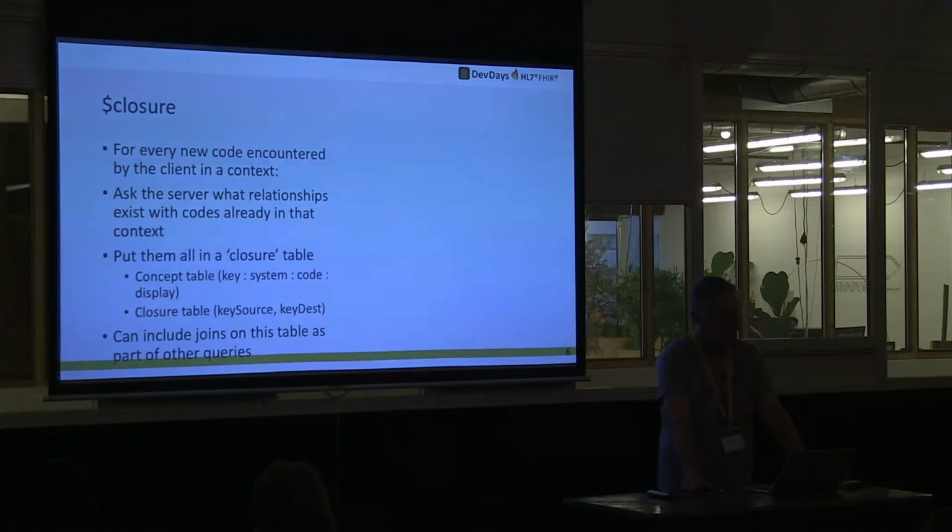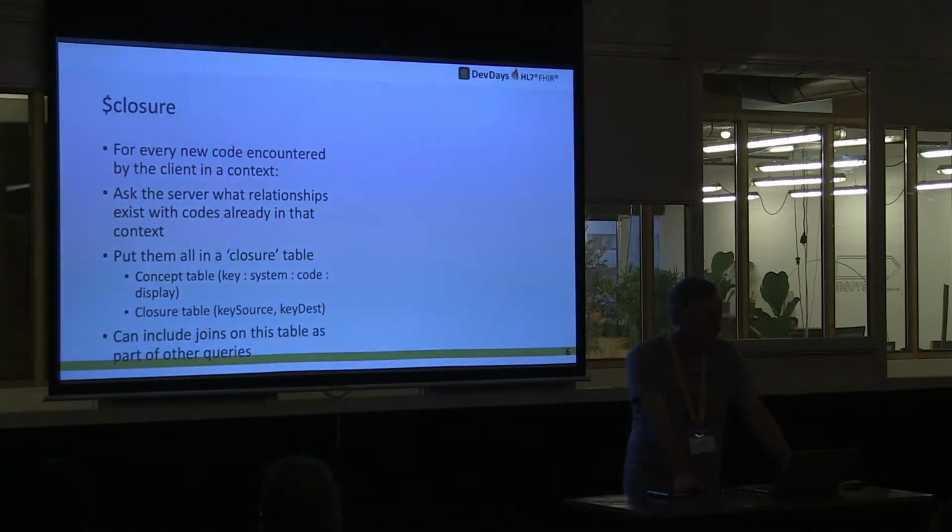You basically have a source concept and a destination concept, and you say these two things are subtypes of each other. Peter used that word yesterday, as I recall. It's something at a different level in the hierarchy, in the tree or the graph, but not necessarily a direct child or parent, which you could easily get from just a straight relationship table.